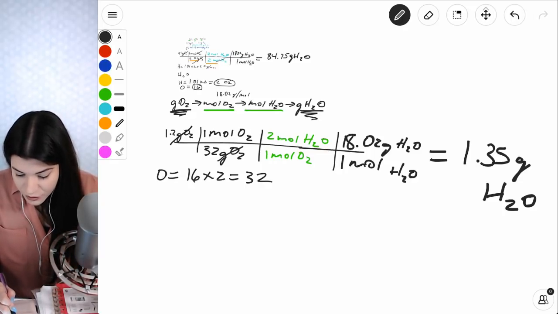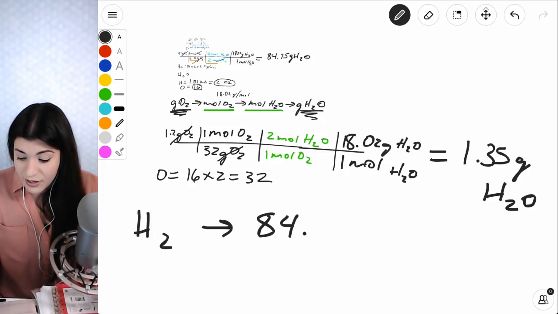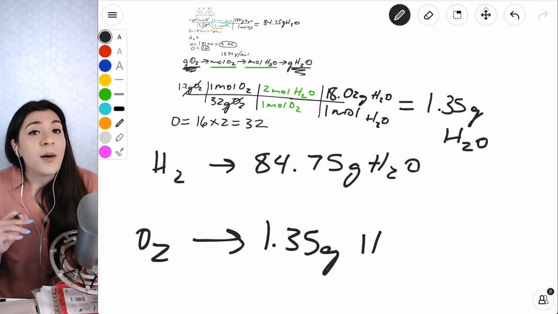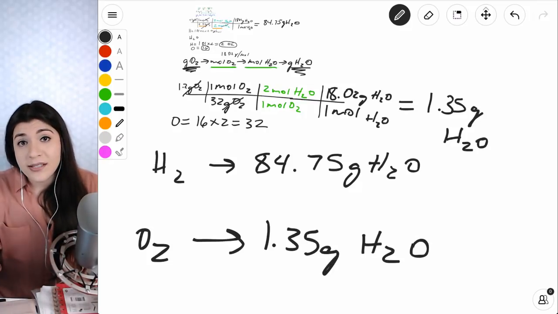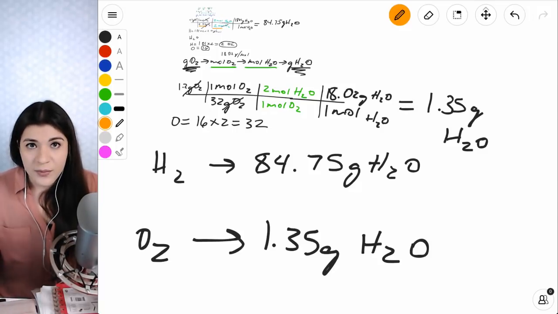So our H2 produced 84.75 grams of H2O, okay? And then our other reactant, which was the O2, produced 1.35 grams of H2O. The reactant that produces the least amount of product is your limiting reactant. So in our case, O2 is our limiting reactant because it produced the least amount of product.